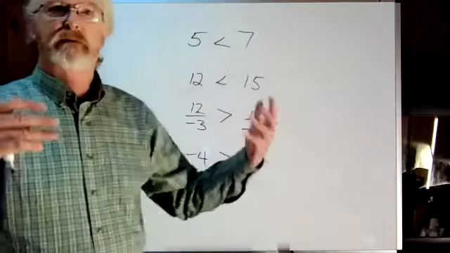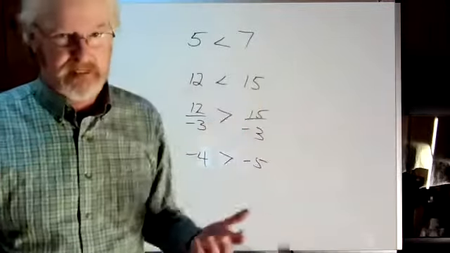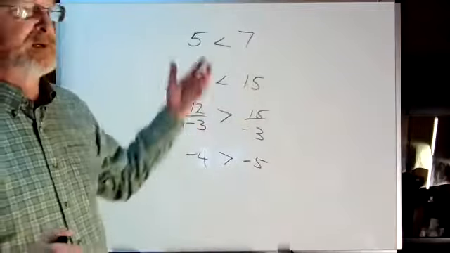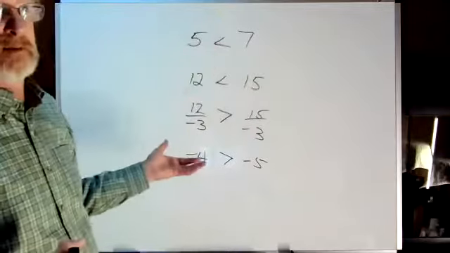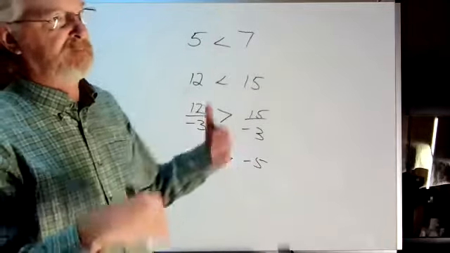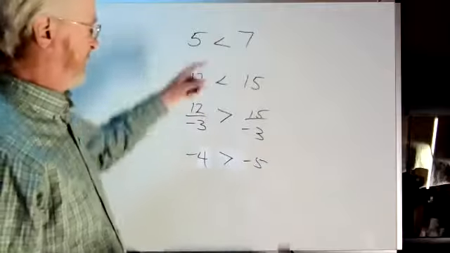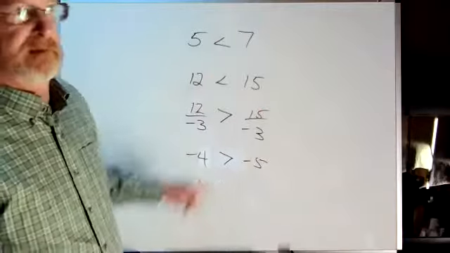So there's the special case that you have to remember and keep in mind when you're working with these inequality statements. Anytime you multiply or divide both sides by a negative, you have to change the direction of the inequality.